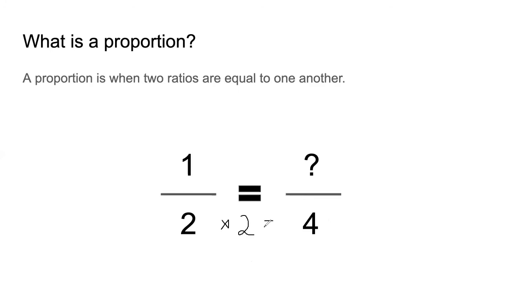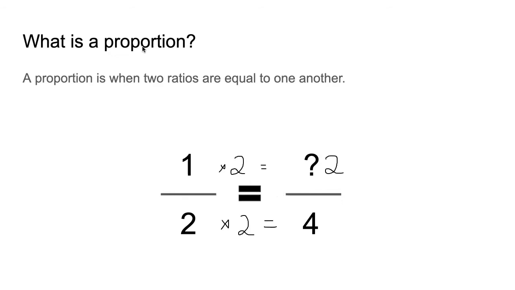Simple enough. So that means we have to multiply the top by 2. 1 times 2 is 2. So the question mark is 2. That's the answer. As you can see, we got it because we multiplied the top and the bottom by 2. We multiply the top and the bottom by the same thing in order to get an equal ratio or fraction.